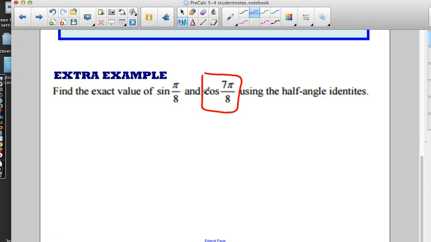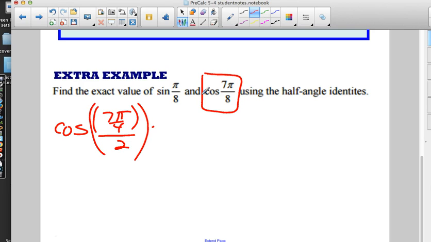When you look at that angle, you should be thinking, there's nothing special about that. But you realize, hey, wait a minute, if I take 7 pi over 4 and I cut that in half, I've got 7 pi over 8. So this is perfect for our half angle identity. 7 pi over 4 divided in half would give us that.